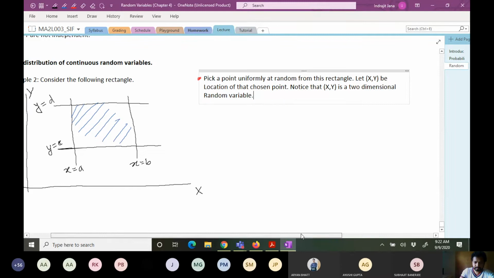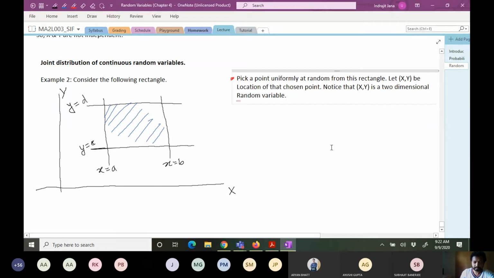Now, first of all, we need to figure out what is the joint probability density function of x and y.